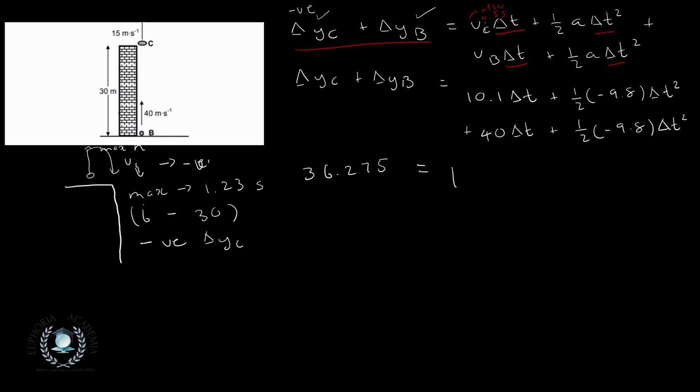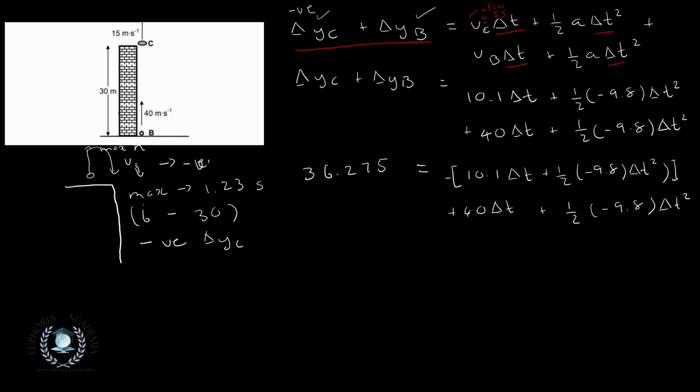So this is going to be negative 10.1 delta t plus half of negative 9.8 multiplied by the delta t squared, that is still in the square brackets, plus 40 delta t plus half negative 9.8 delta t squared. All right, cool. So let's just do some algebra before we confuse ourselves.